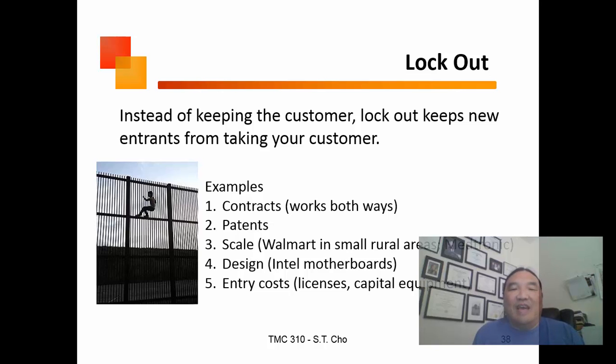Lockout is, how do you keep people away? Contracts work both ways. They can lock out the competition, and they can also lock you in. Patents. Scale. What Walmart did in the early days is they would create a Walmart in a population center of 30 to 50,000 people.